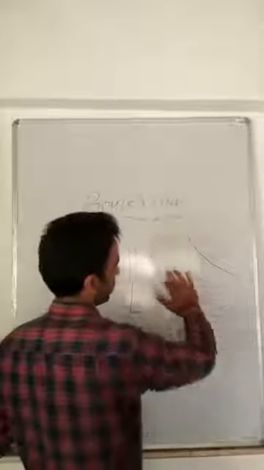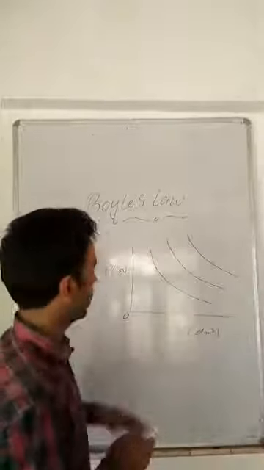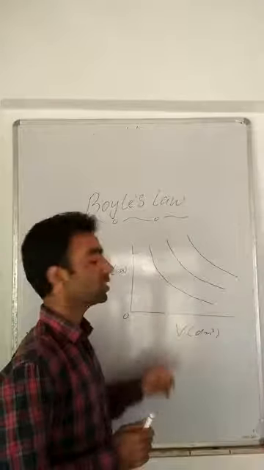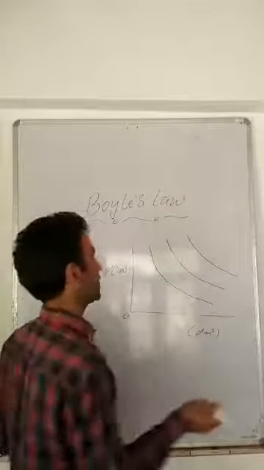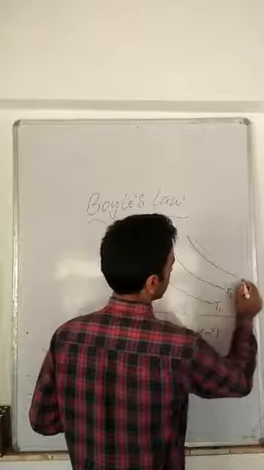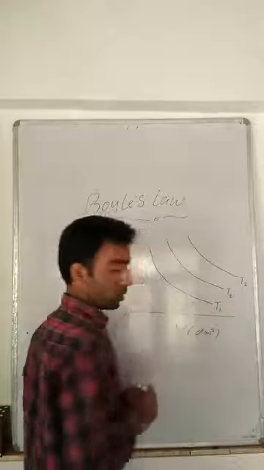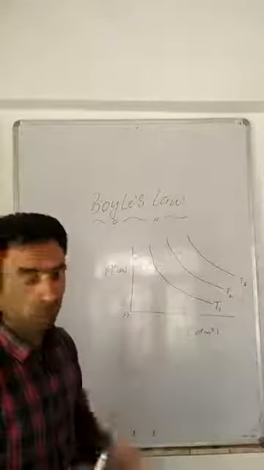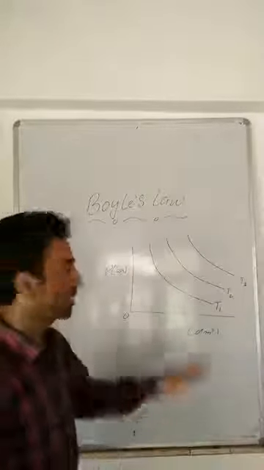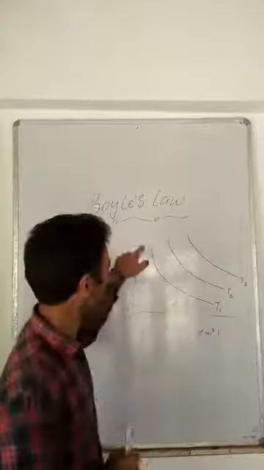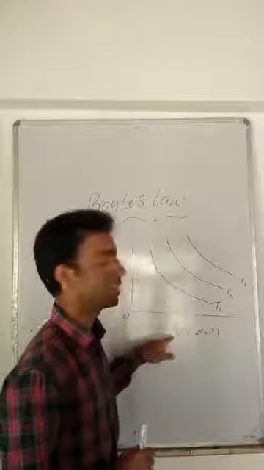Earlier we showed only one curve at a particular temperature. Let us suppose this is at temperature T1, this is at T2, and this is at T3. If Boyle's law is studied at temperature T1, the curve will be of this type, meaning pressure varies inversely with volume.